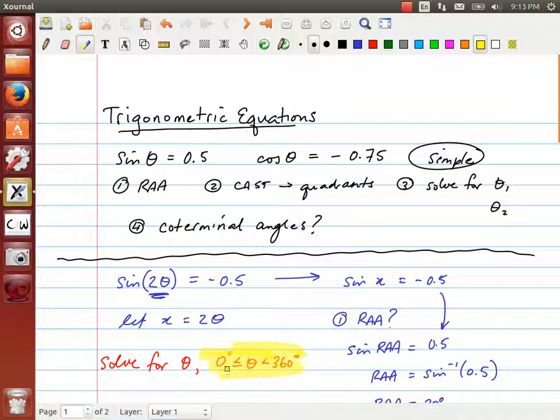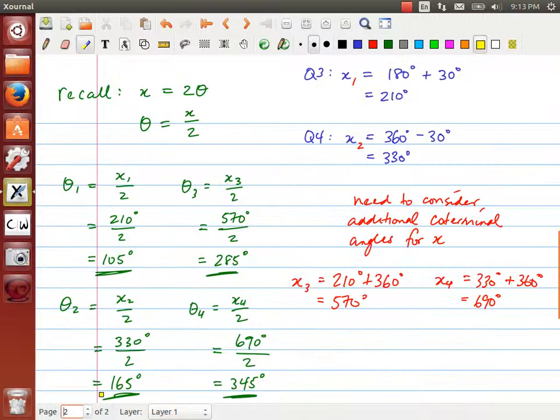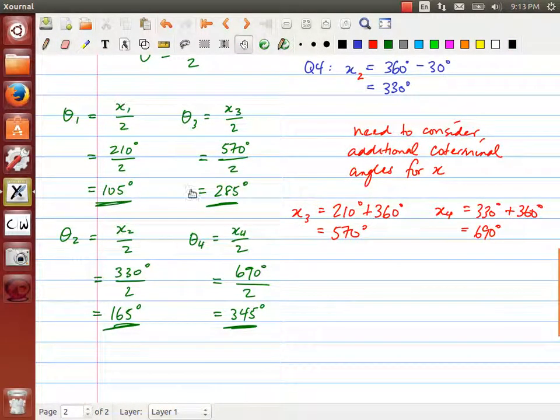So when all is said and done, my values for theta have to be between 0 and 360 degrees. And if we take a look at our solution, our values for theta are between 0 and 360 degrees. All 4 of those values have worked out to be exactly what they were supposed to be.